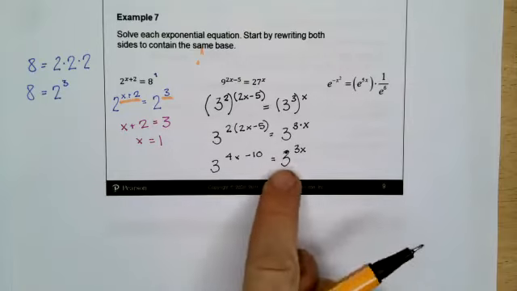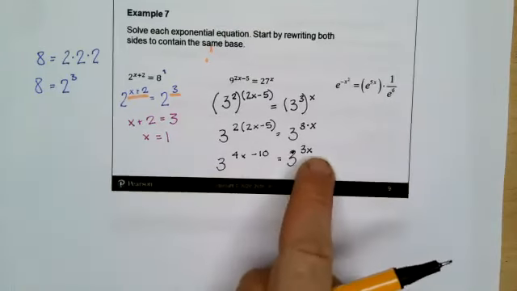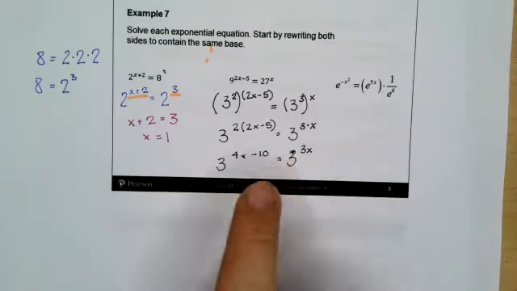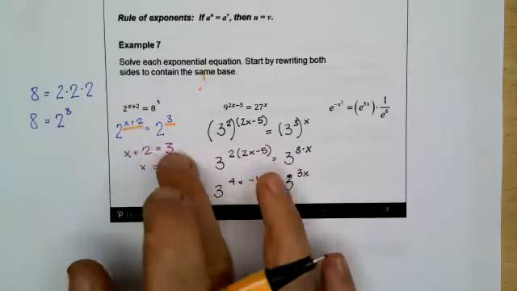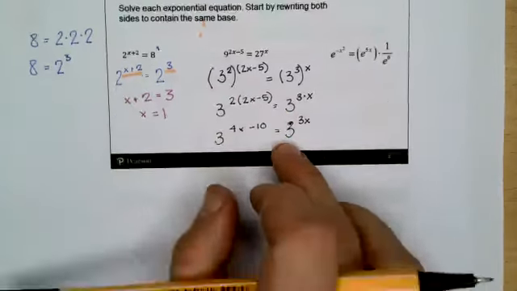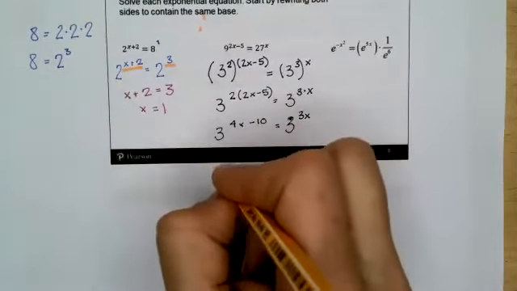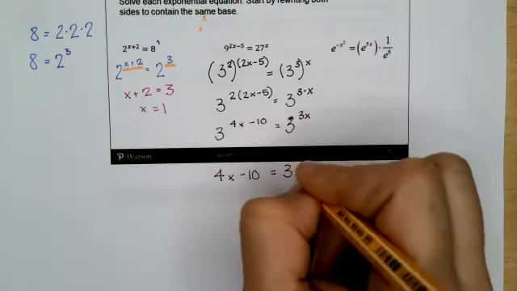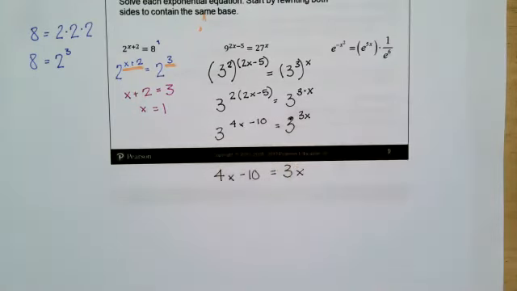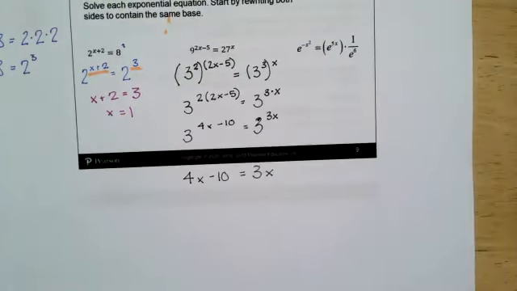Good. Now that our bases are the same and our exponents have been simplified as much as possible, we can say that because the 3 is equal to the 3, the 4x minus 10 is equal to the 3x, and we can solve for x. Good? All right.